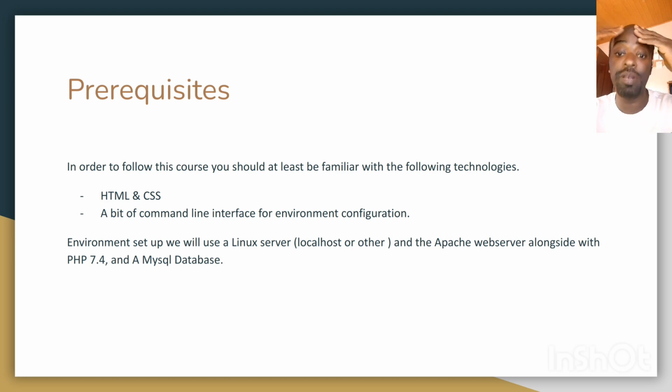Environment setup, for me, I will use a Linux server or an Ubuntu machine on localhost, and the Apache web server alongside with PHP 7.4 and MySQL database. Don't get me started on the PHP 7.4. We need to move to PHP 8. PHP 8 is more like an enterprise upgrade. There's not much changes, but of course, if you can use PHP 8, please do, by all means.